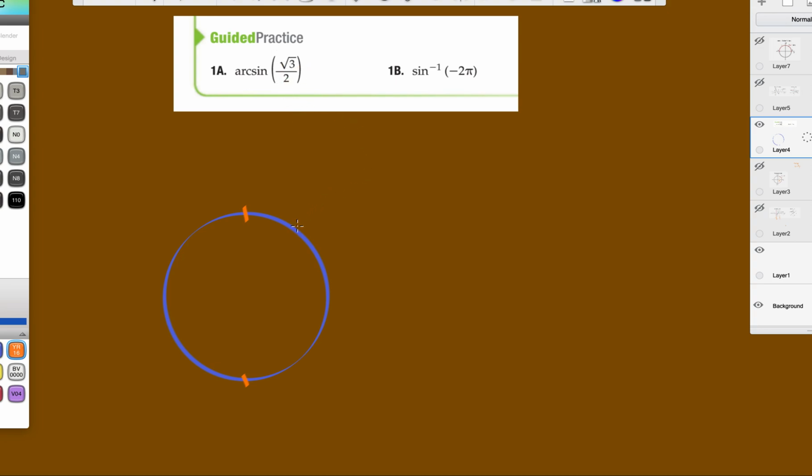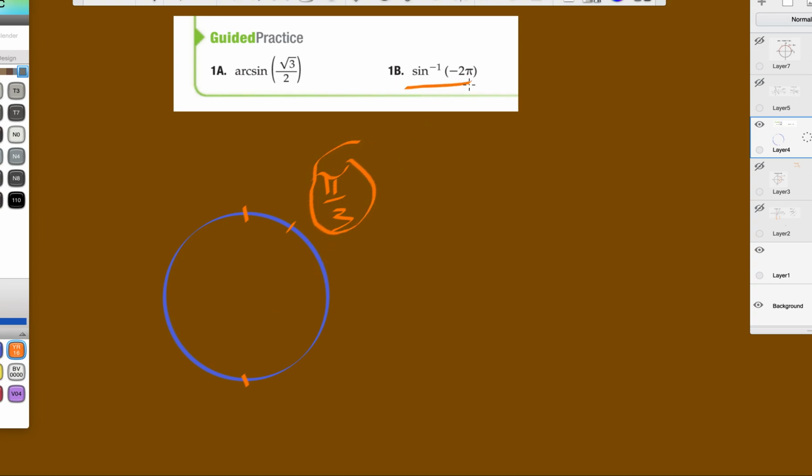I'm pointing you up here, because we have a half, root 2 over 2, and then root 3 over 2, and that's right here at pi over 3. So the arc sine of root 3 over 2 is pi over 3. We're looking for the angle in radians.